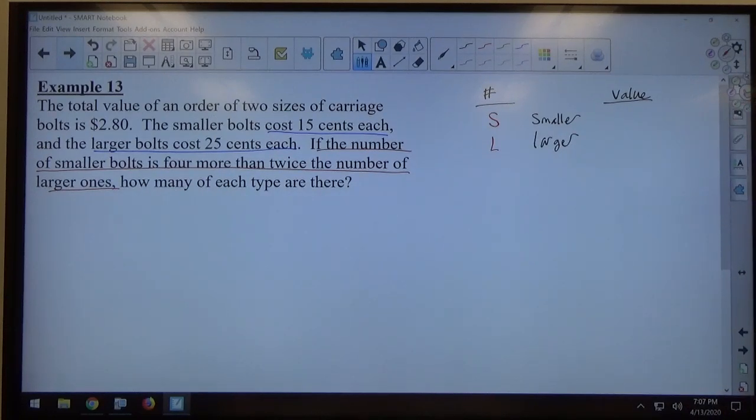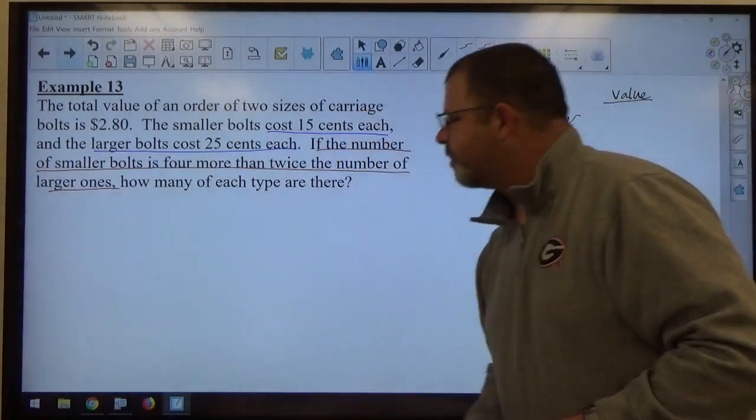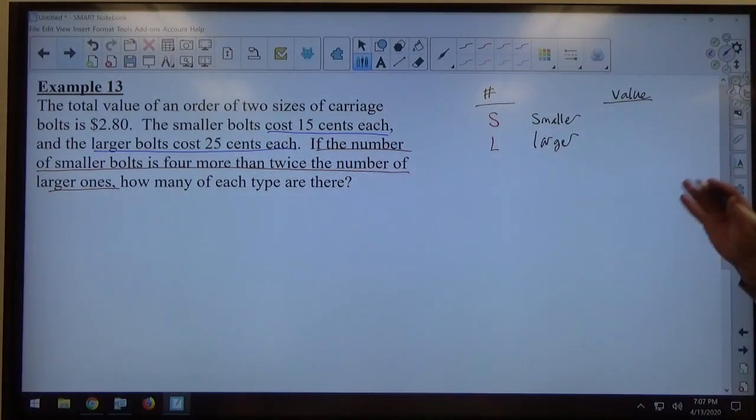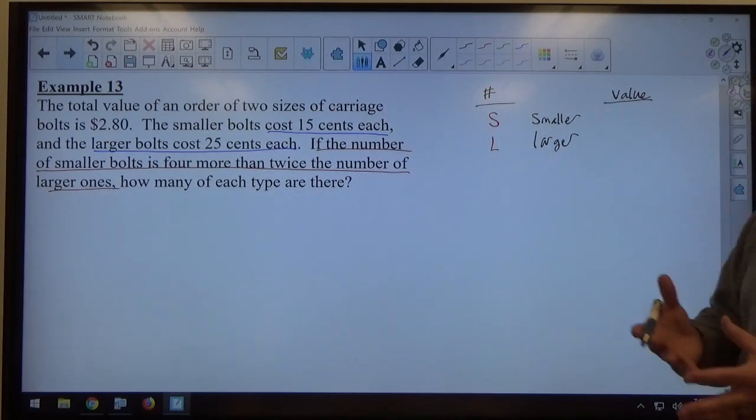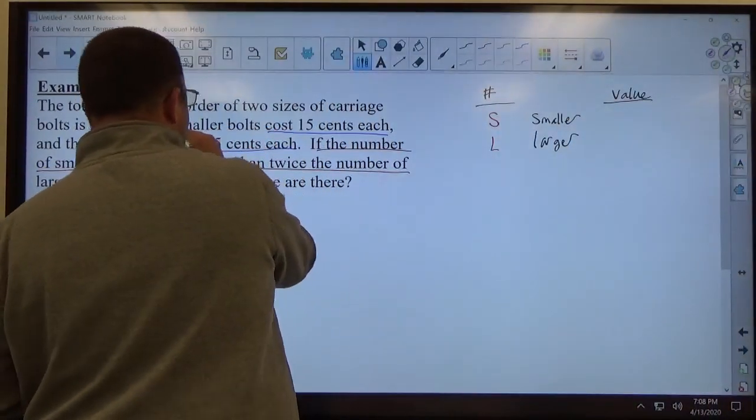So S could be 5, L could be 6, I don't know. But again, I'm just using variables to represent things I don't know. That's a typical algebra technique. Now, I don't know what S equals, but S is representing some number of bolts, and the smaller bolts cost 15 cents each.